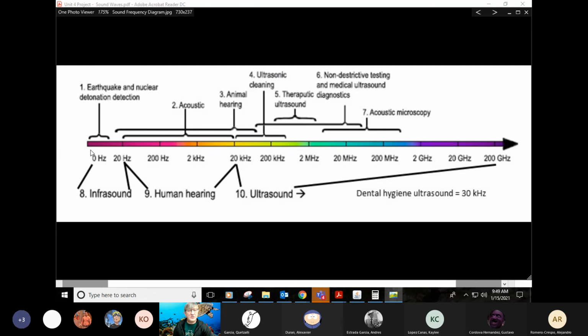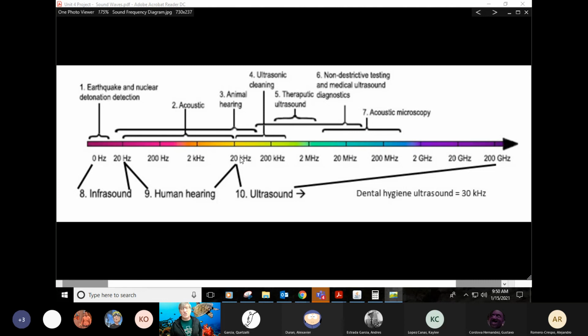So notice that this chart goes from 0 hertz, no vibrations, all the way up to 200 gigahertz, which would be billion vibrations per second. 0, 20, 200, 2K, 2,000 hertz, 20,000 hertz. Notice number 9, this is the range of human hearing from 20 to 20,000, 20 to 20K.